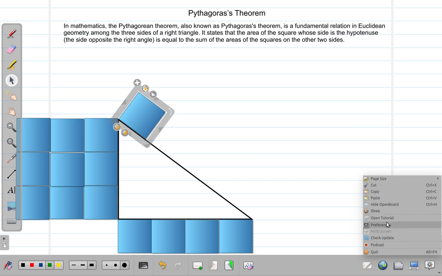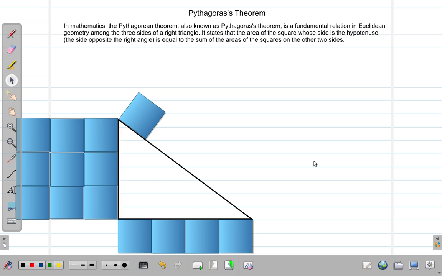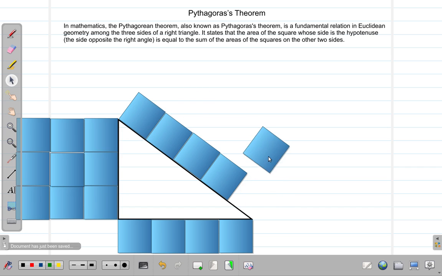Let me copy this square and paste it. 1, 2, 3, 4, 5.